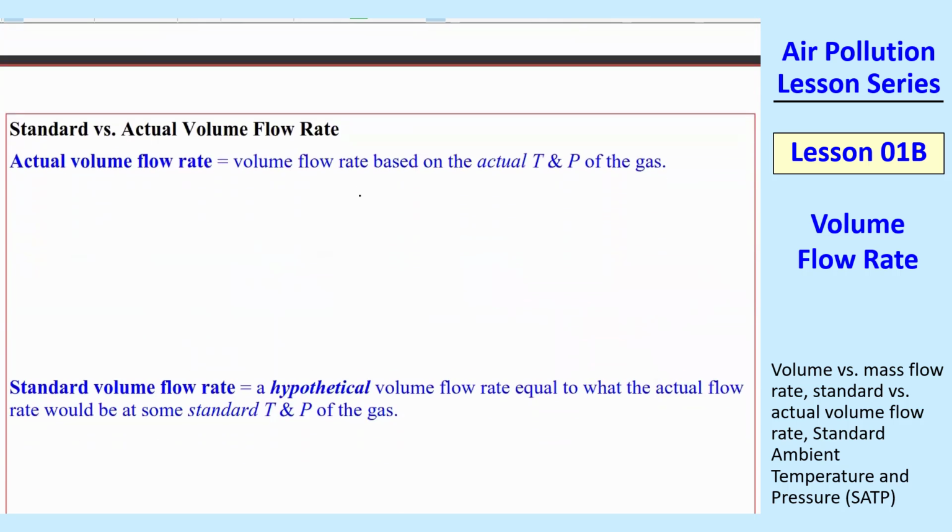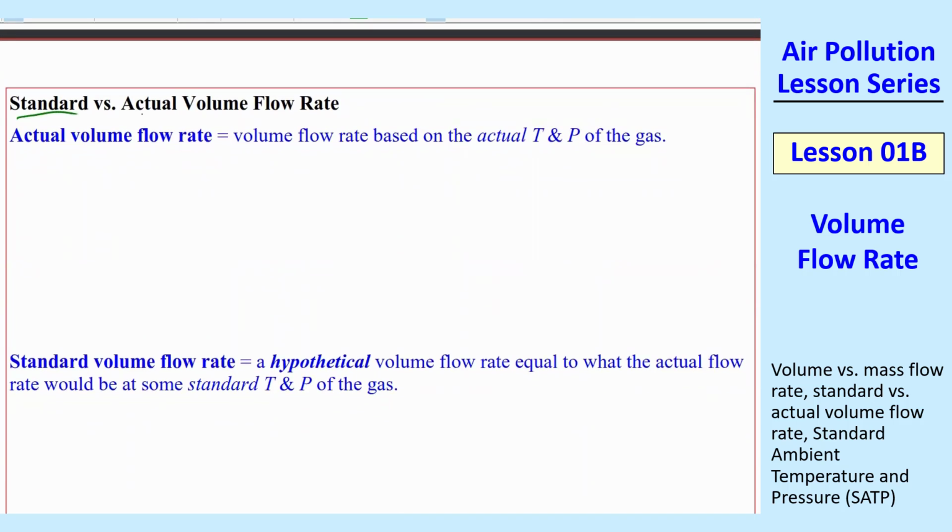There's a difference between what we call standard and actual volume flow rate, so I want to make sure that you understand that difference. By definition, actual volume flow rate is the volume flow rate based on the actual, as the name implies, temperature and pressure of the gas. So basically for a given M dot through the duct. This may be a round duct or a rectangular duct, but there's some M dot flowing through there.